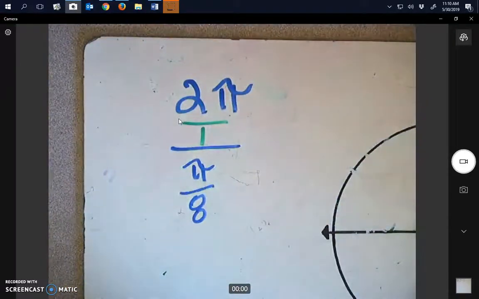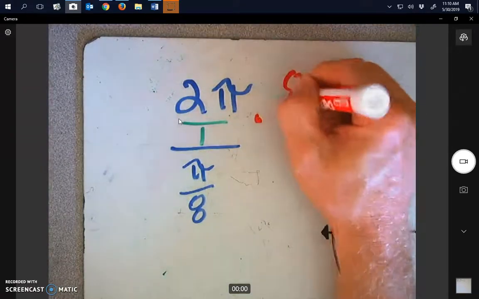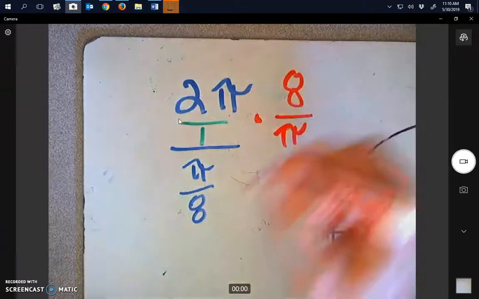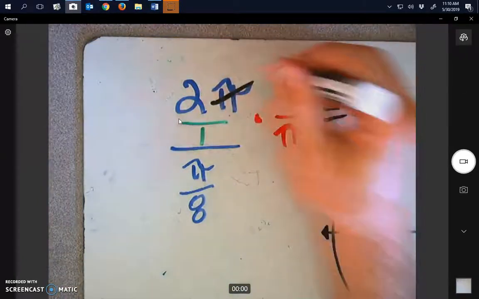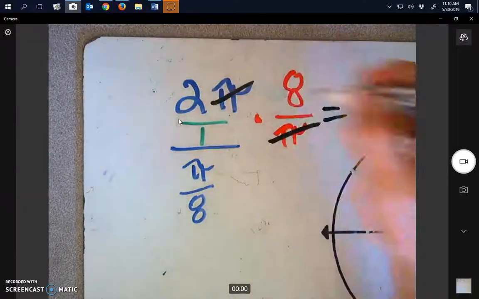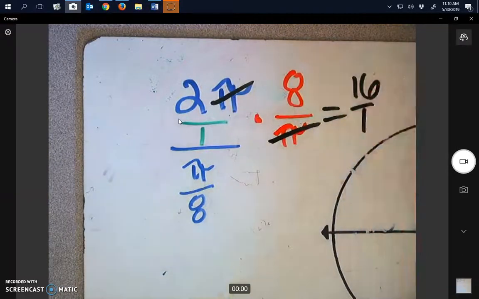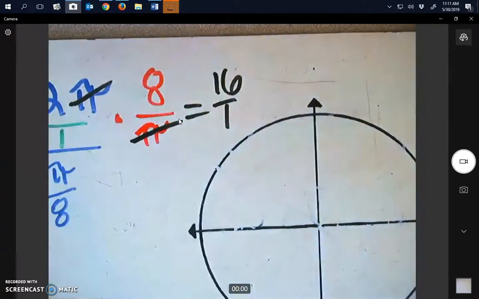Then we can take our bottom fraction, flip it, and multiply. So times 8 over pi. And when you're here, we can cross off our pi's. We get 2 times 8 is equal to 16 over 1, or 16. So our period is 16.